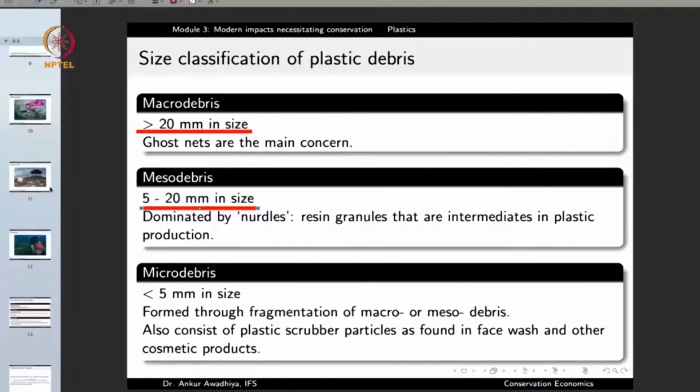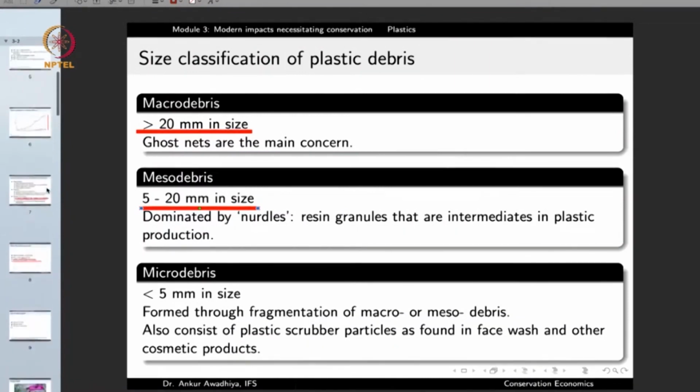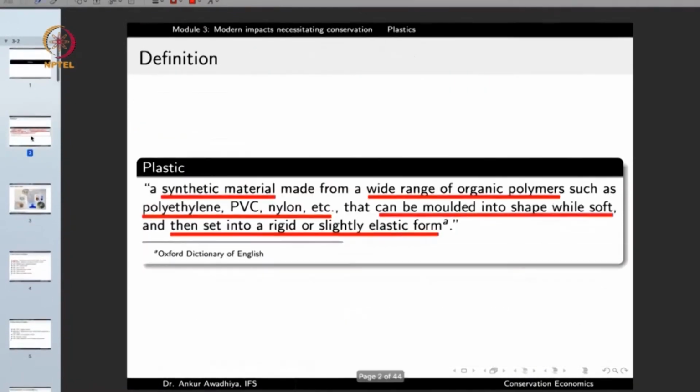And these resin particles are then sold off to other companies that are going to make use of these plastics. Now, remember that when we started with plastics, plastics have the property that they can be molded into a shape when they are soft. So what these companies do is that they buy these nurdles, then they heat them up so that they become soft, and then these nurdles are processed to make the plastic products that the companies are manufacturing.